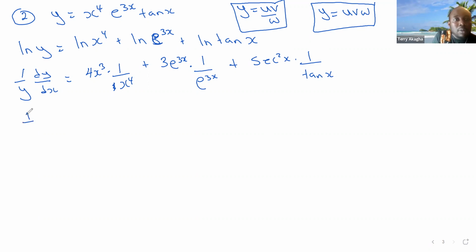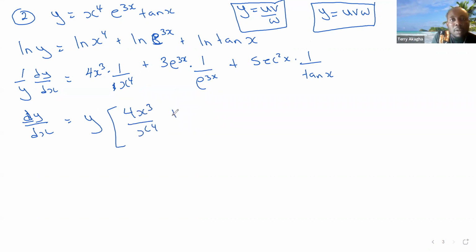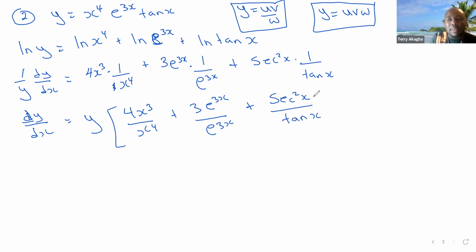So, dy over dx will be equal to, you multiply y into bracket 4x cubed over x to the 4 plus 3 exponential 3x over e to the 3x plus sec squared x divided by tan x. All right, so we cancel this, you get 4. This, we cancel this, you're left with 3, and you're left with sec squared.